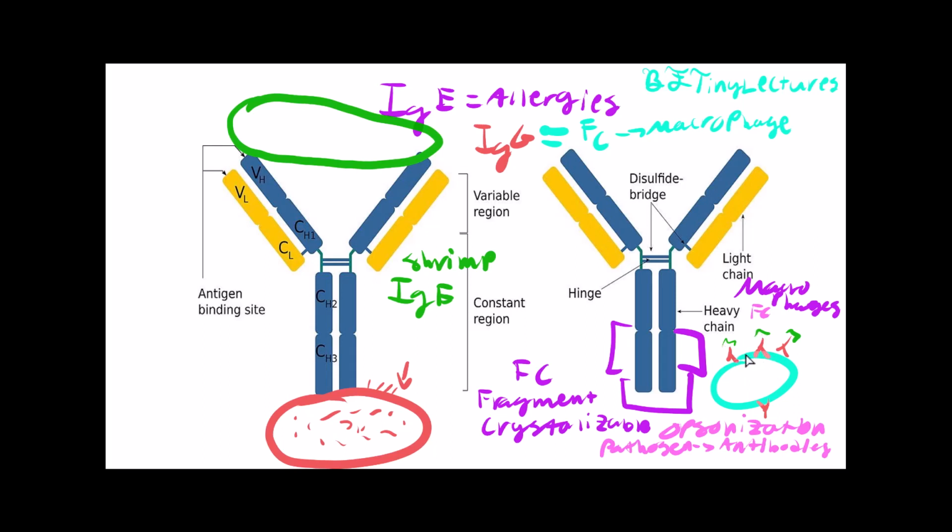So that is opsonization. And so we learned that the FC binding region for IgG communicates with macrophages, and it highlights the pathogen. It slows down the pathogen, and now it makes it easier for the macrophage to capture the pathogen and to swallow it and destroy it. And that's really crucial for bacteria or parasites.